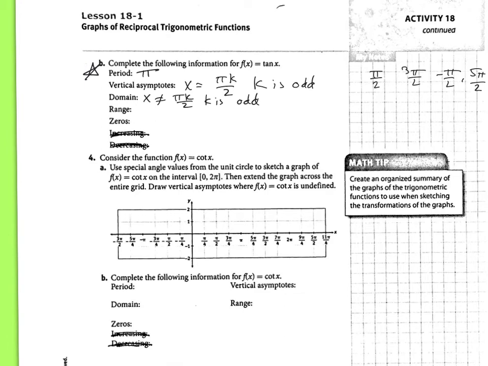Now here's what's really kind of important. The range is negative infinity to infinity. We can do anything with the tangent. Sine and cosine are very restrictive, but tangent can go negative 100, positive whatever, so we don't care. Now the zeros, I know we're not looking at the graph, but if you look back at the graph, the zeros were at 0, pi, 2 pi, negative pi.